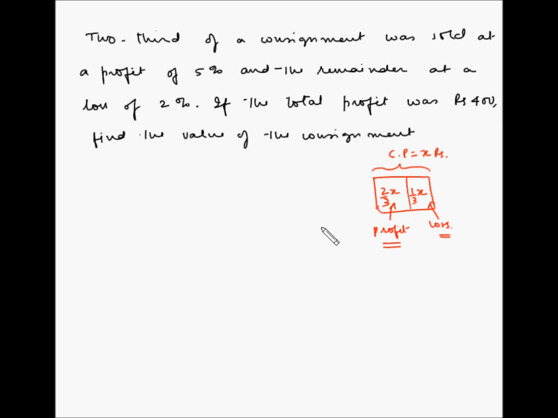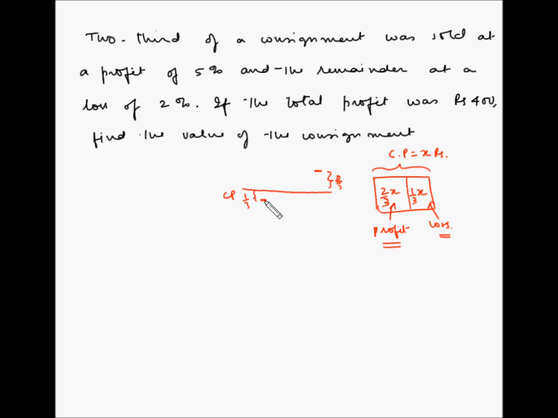So let's understand this. Suppose this was the cost price. Now 1/3 has been sold at a loss, and 2/3 was sold at a 5% profit. So let's say this is where the profit was made. So this is 2/3 and this is 1/3.